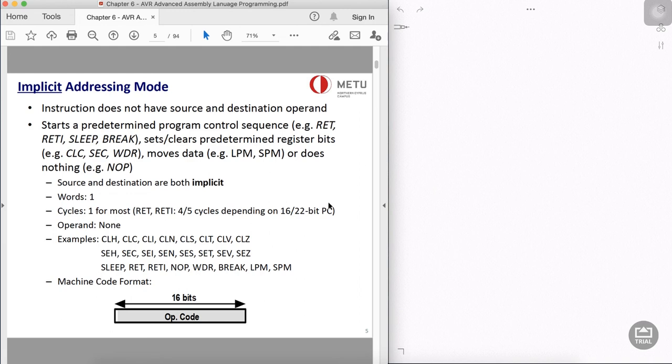And there's no operand, as we already said. The examples are clear carry, return, no operation, break, LPM, SPM. They don't need any operands in front of them. And the machine code is a 16-bit opcode. That's it, as we don't have any address or anything like that.